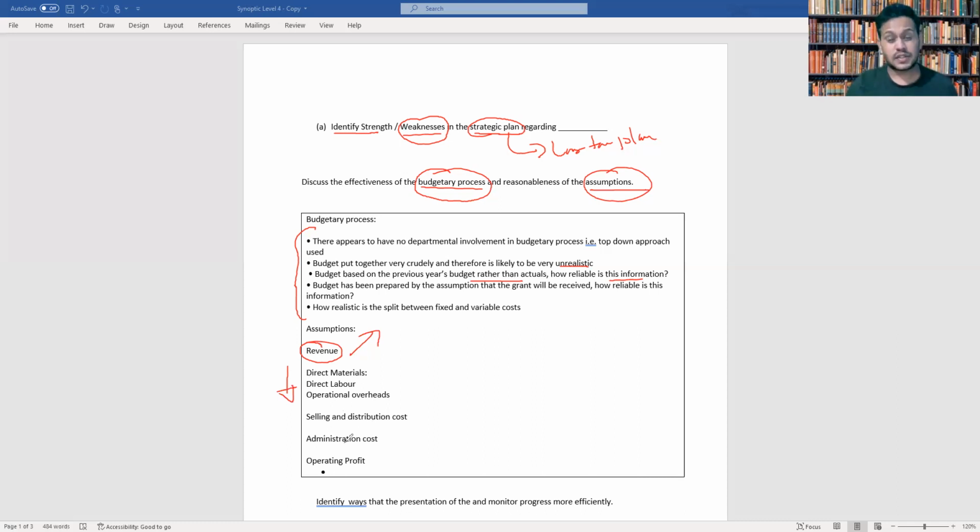Then you can say the fixed cost remains the same, and ask, is all fixed cost really fixed? If the question gives you only the fixed cost, we can say, is all of it really fixed, or is there any variable cost inside? If the question didn't split it, you say there is no split between the fixed cost and the variable cost. So this budget doesn't look like a realistic budget.